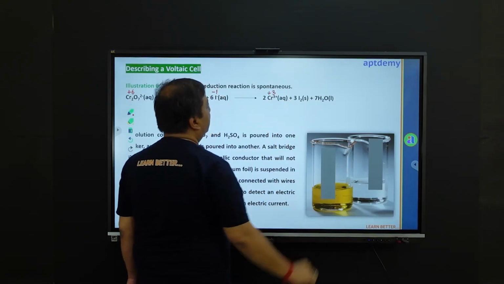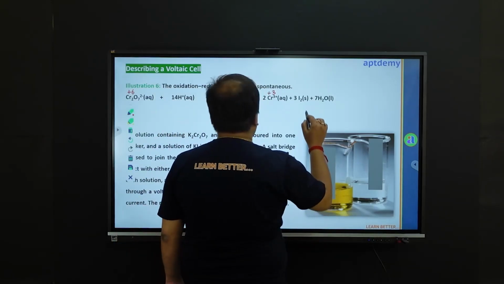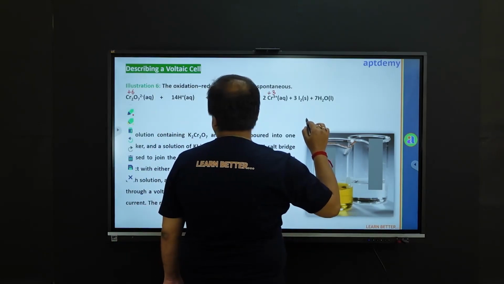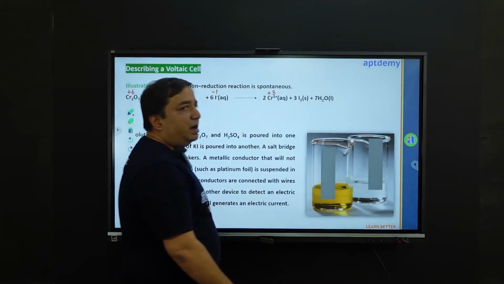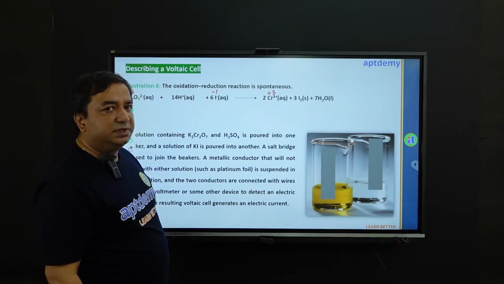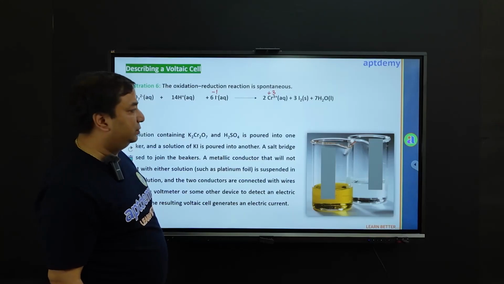So there is a reduction happening here. Whenever reduction happens, that half reaction belongs to the cathode.